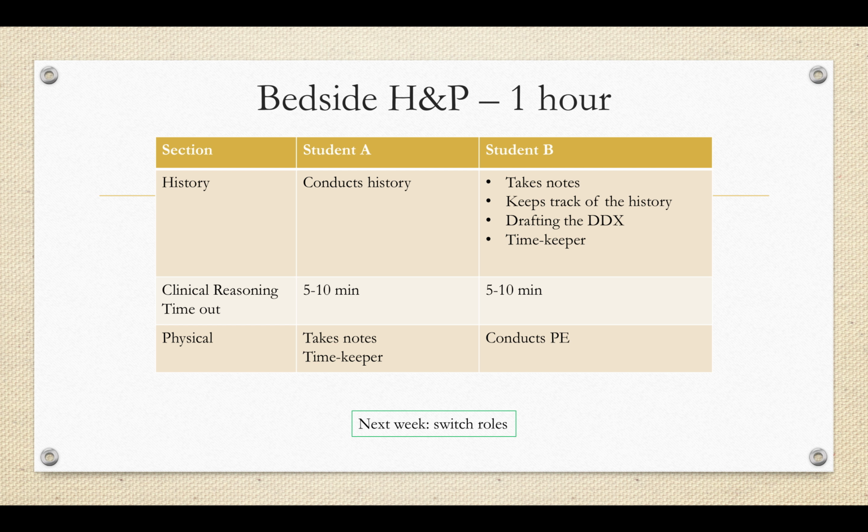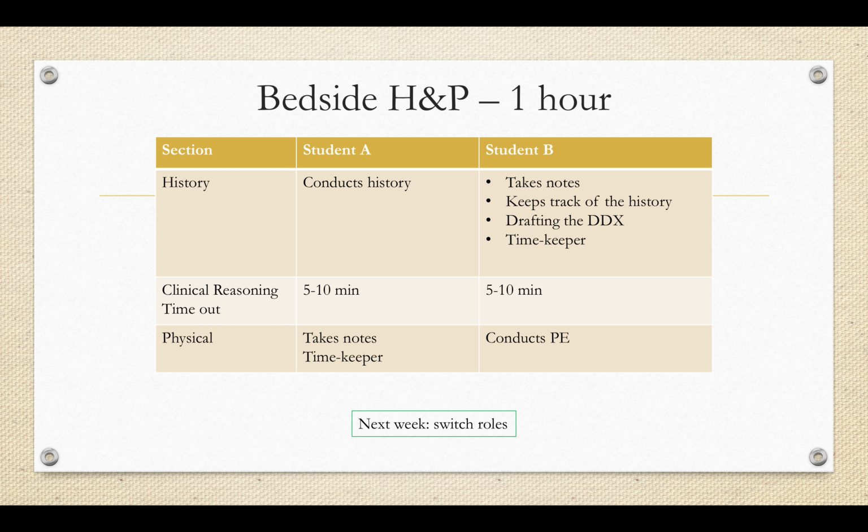They're keeping track of the history. They're also starting to work through the differential diagnosis. They're aware of what information is obtained, and they may even have the H&P Columbia History form with them, so they have an idea of what history still remains to be elicited. They'll also help with keeping time.